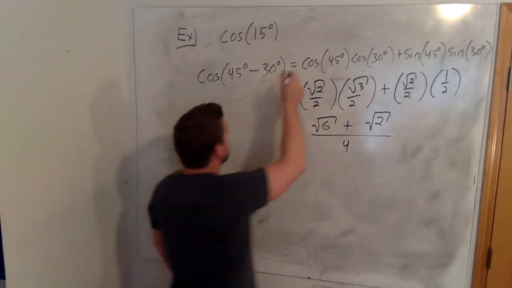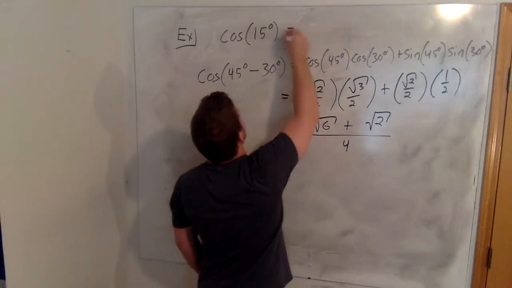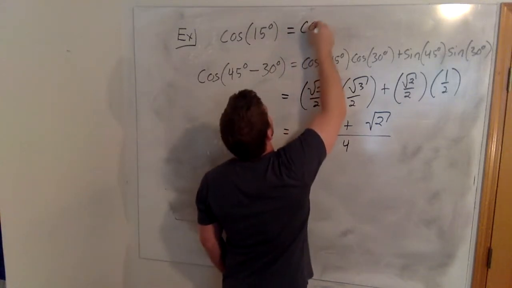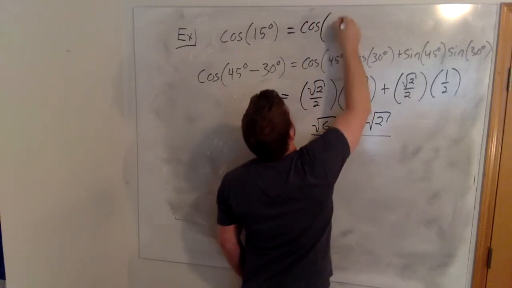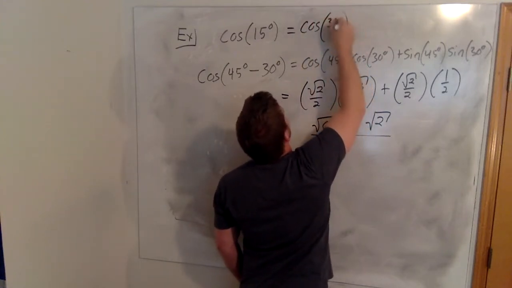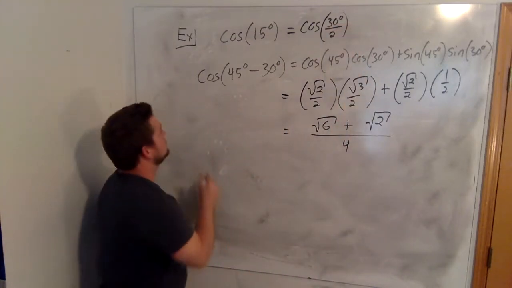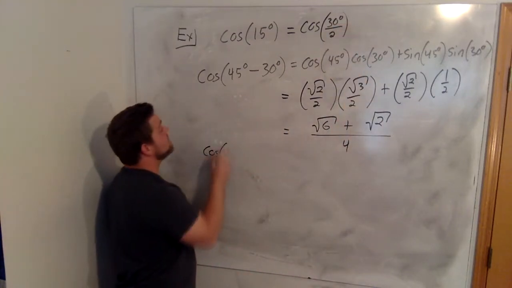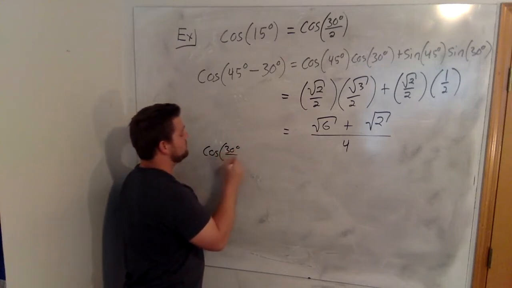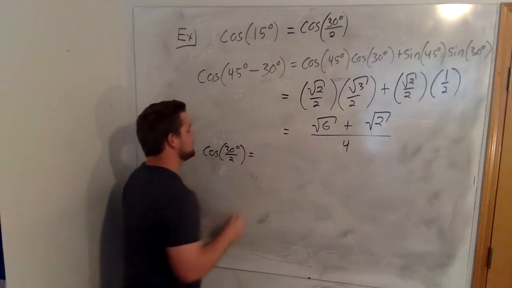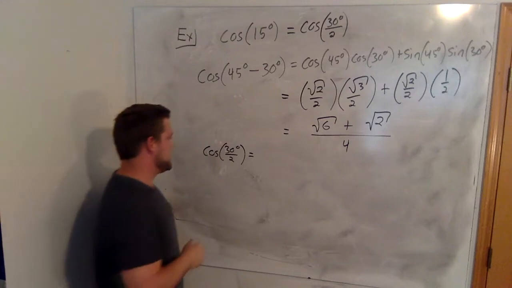However, we could have thought about this in a different way. This is also equivalent to the cosine of, how about 30 degrees all over 2? So if we do the cosine of 30 degrees over 2, we're going to use the half angle formula now.